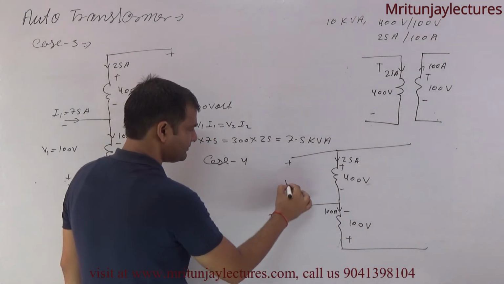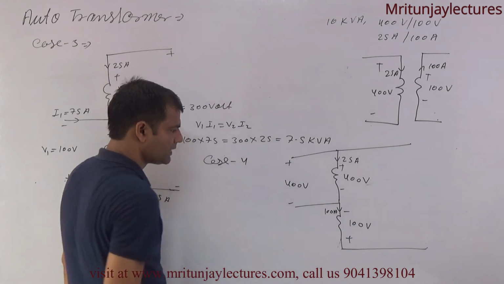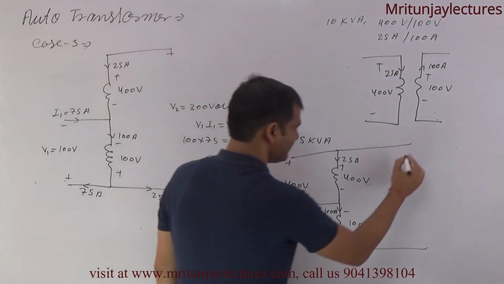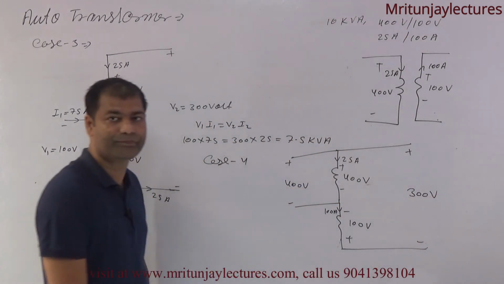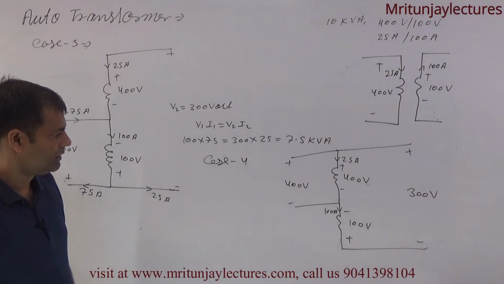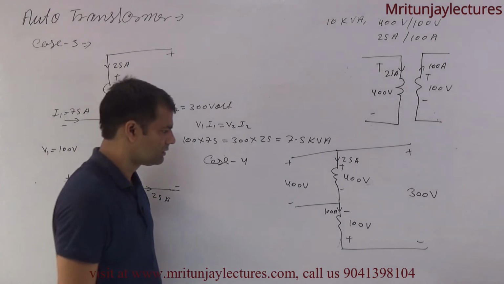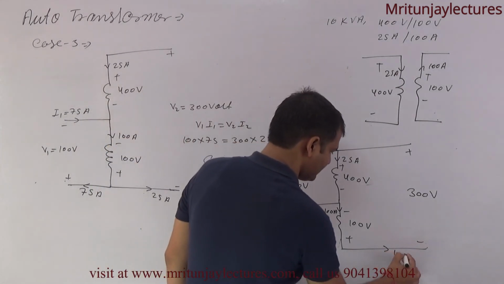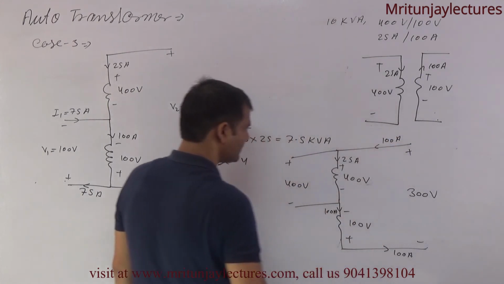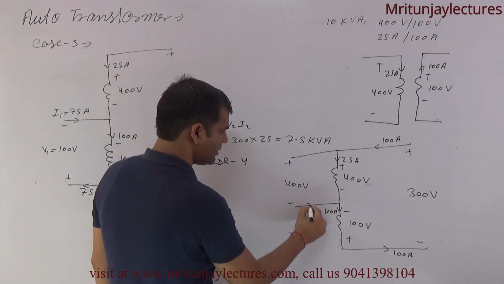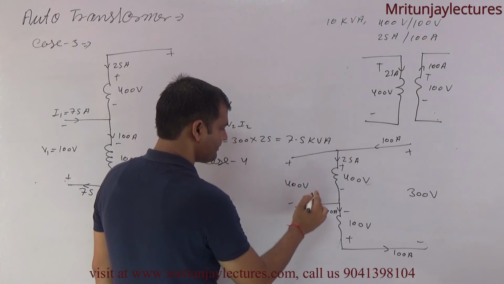This is 400 and that is 300. Clear? And this is 100 ampere, it means that is 100 ampere, that is 75.